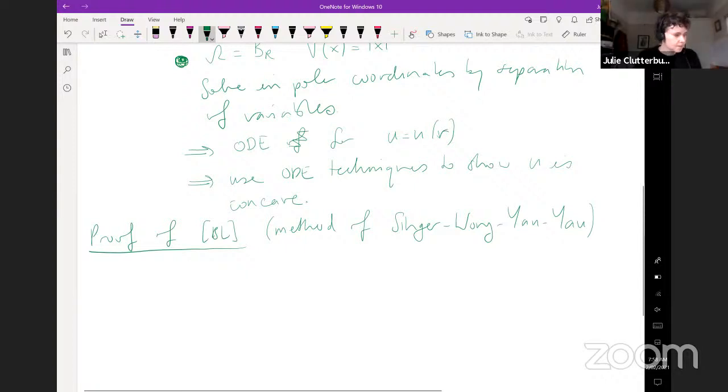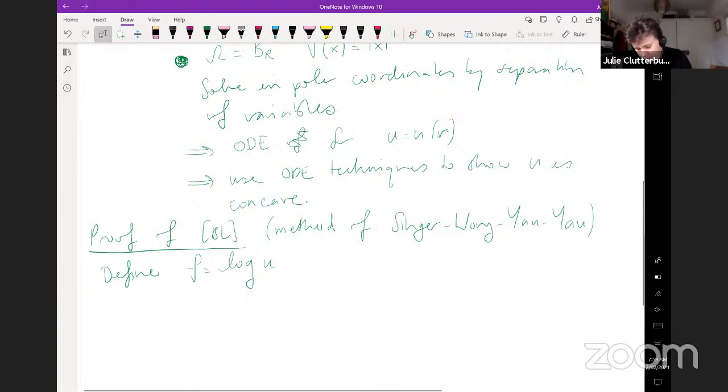Okay, so let's just consider f, which is going to be log of u, and use the eigenfunction. As a positive function, we can define the log of it.